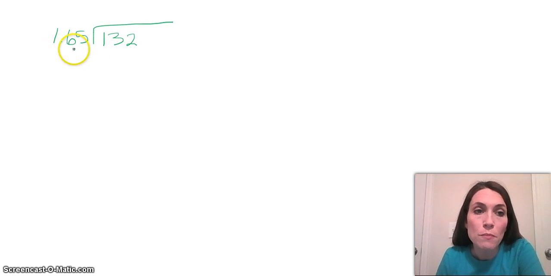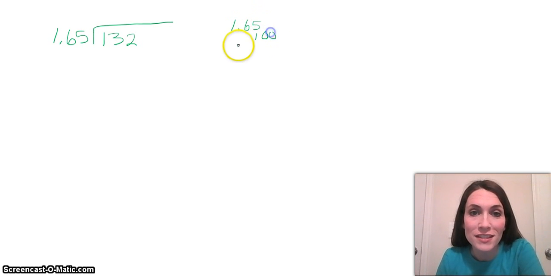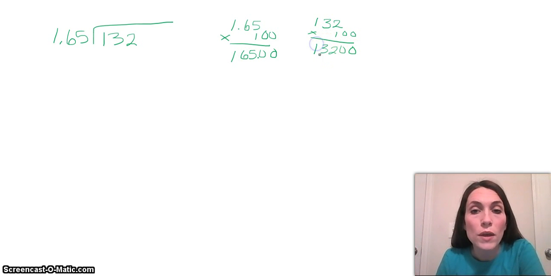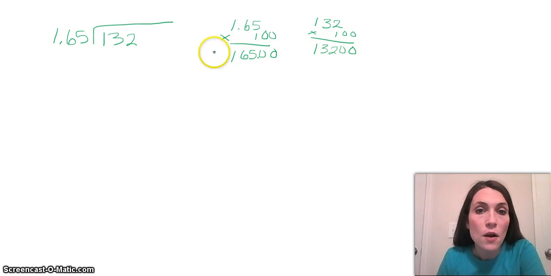Now, we talked about if we multiplied this times 100, and let's just show that over here, 1 and 65 hundredths, we're going to multiply that times 100, and then we have to move our decimal place over 2 places, which we learned about in the last topic. We would get 165. If we did the same thing with 132, we're going to multiply that times 100. We get 13,200.